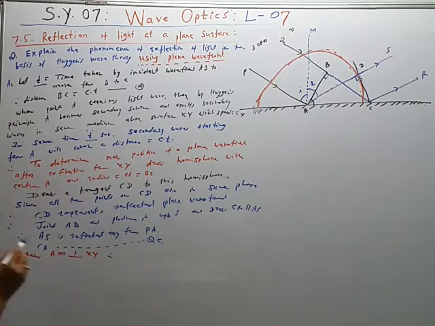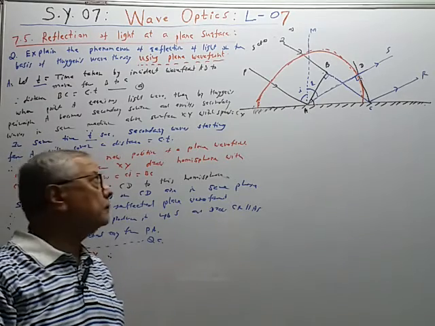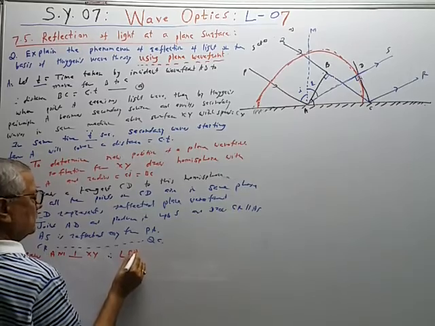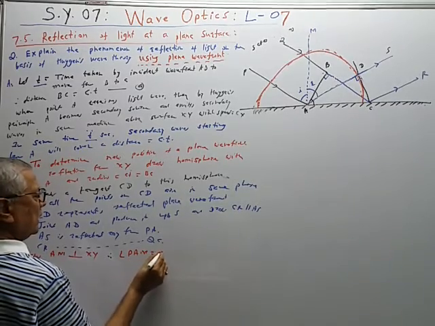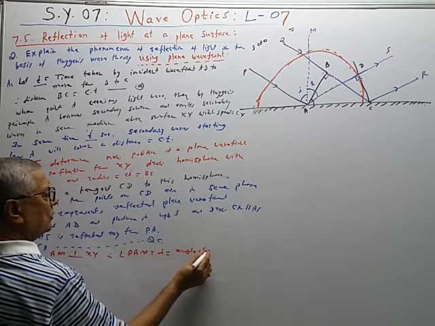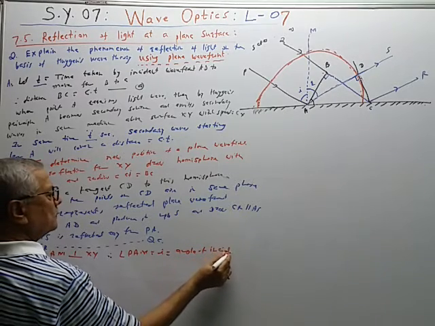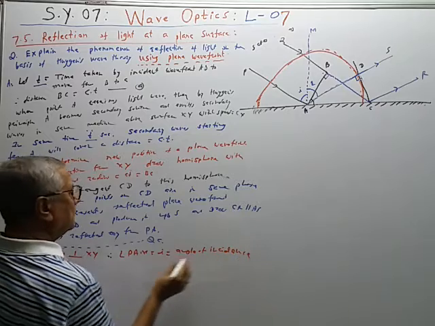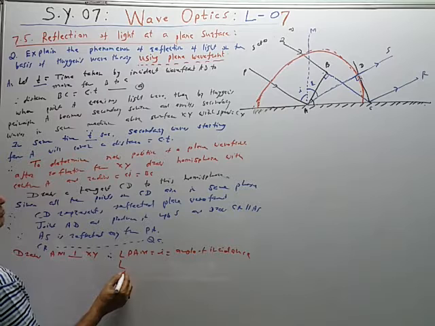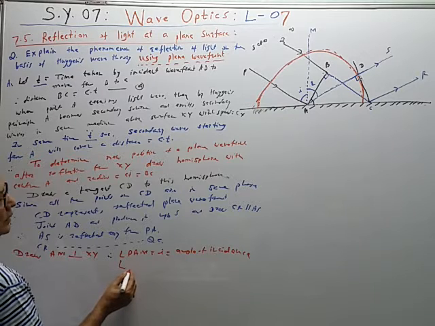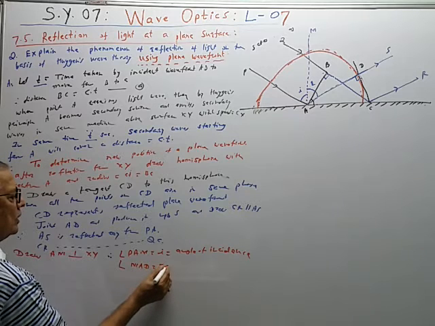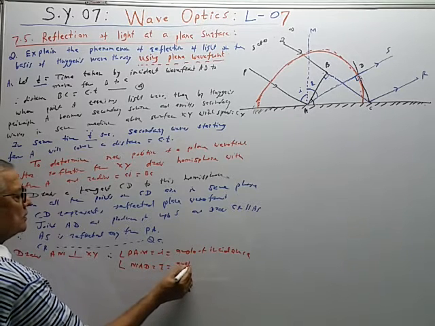Like this. Draw AM perpendicular to XY. Therefore, angle PAM, see this figure, angle PAM is equal to I, the angle of incidence. Angle MAD is equal to R, the angle of reflection.